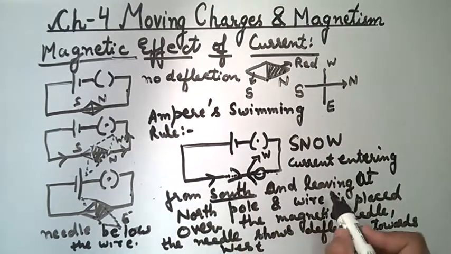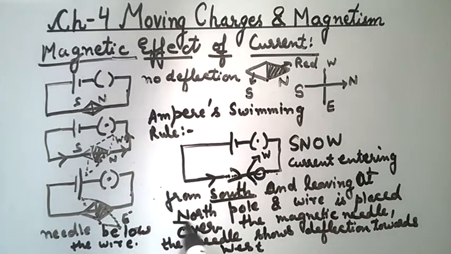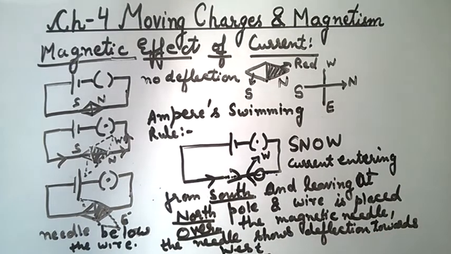These are the important words: south, north, over, west. So we can remember this also by Ampere's swimming rule.